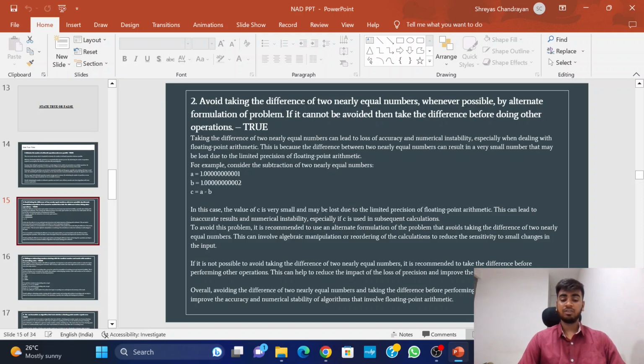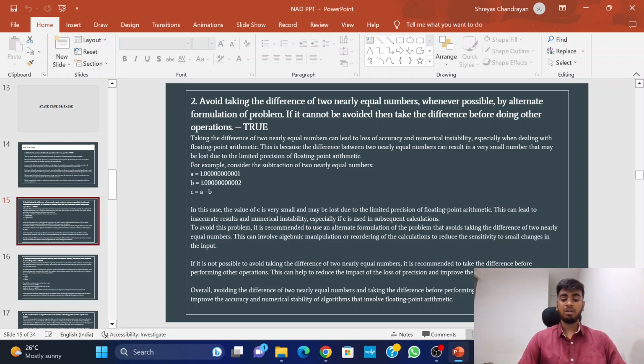So a is equal to 1.1 and b is equal to 1.2. Therefore, c is equal to a minus b. In this case, the value of c is very small and may be lost due to the limited precision of floating point arithmetic. This can lead to inaccurate results and numerical instability, especially if c is used in subsequent calculations.